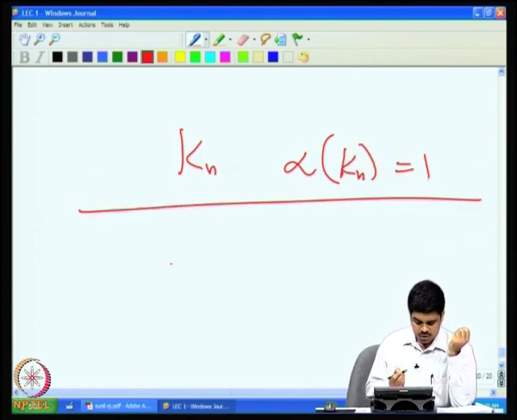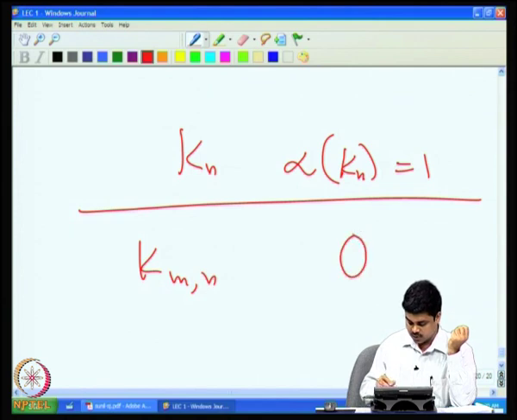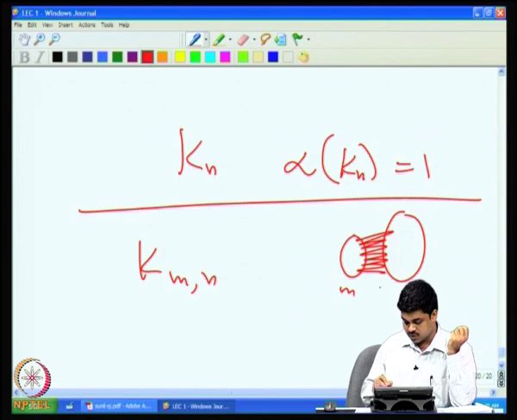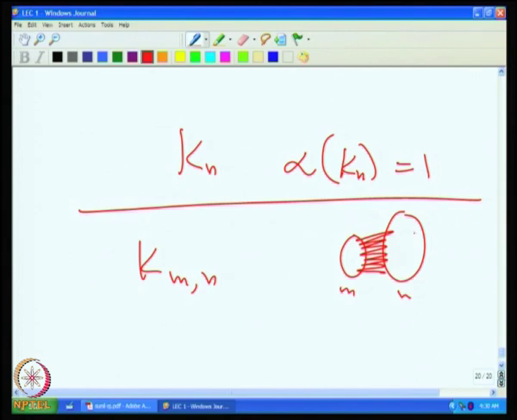Now, what about the complete bipartite graph Km,n? We have m vertices here, n vertices here, and all these edges. The biggest independent set has to be n, where n is the bigger number.